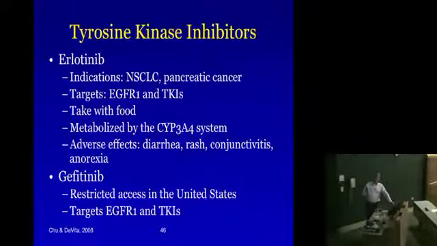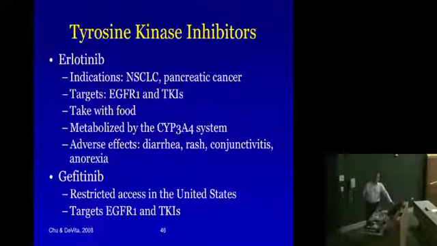It's approved for non-small cell lung cancer and pancreatic cancer. It targets EGFR1 and the tyrosine kinases associated with the epidermal growth factor receptor. Its metabolism is important because you have to look to make sure that you're not doing anything that will either cause a blocking of it in the system or actually promote it that will make it more toxic.